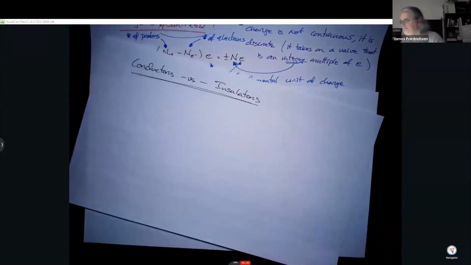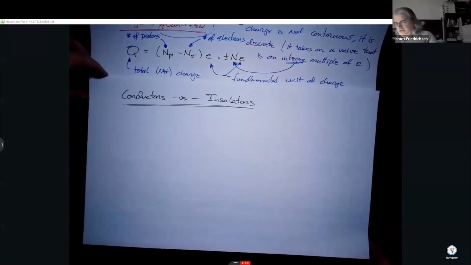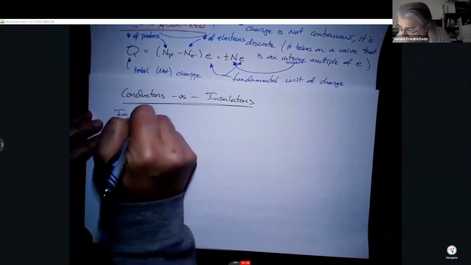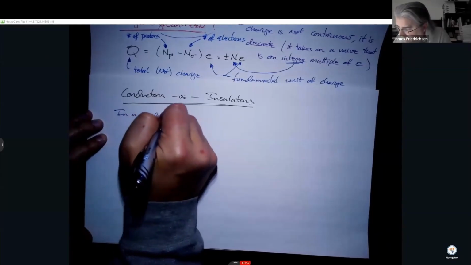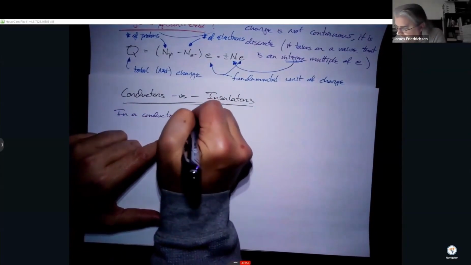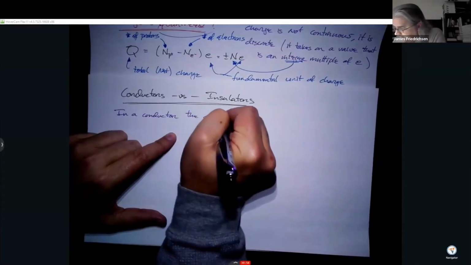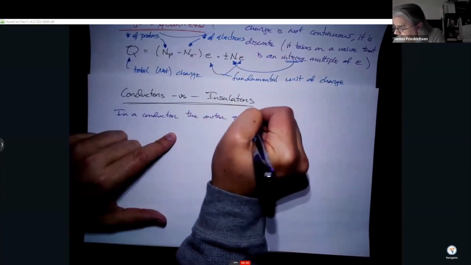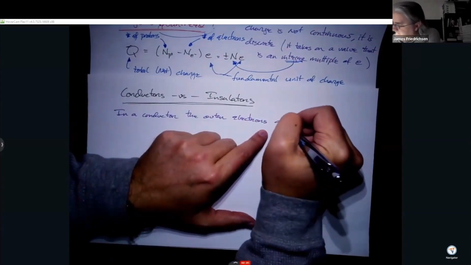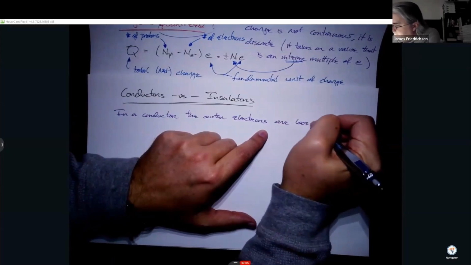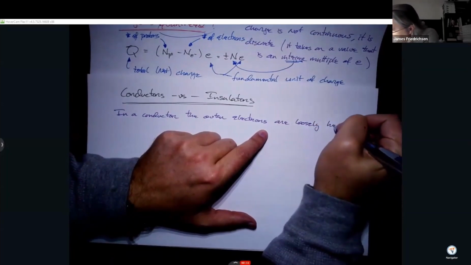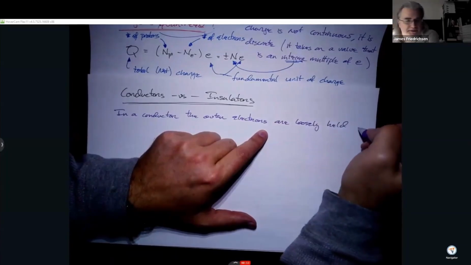And so what we get is that in a conductor, the outer electrons are essentially loosely held in place.